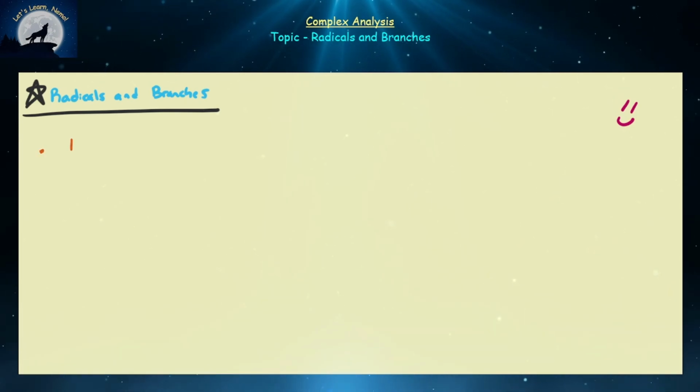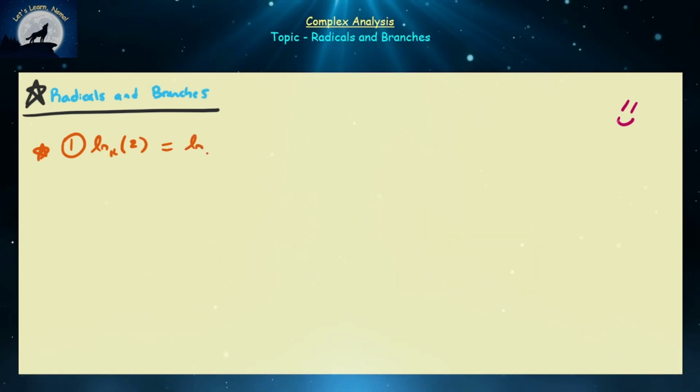The very first property that you definitely should know would be properties of the natural logarithm inside of the complex plane. Remember, we realized that the complex exponential function e to the z was a periodic function, and that's going to force its inverse, the natural log function, to be multivalued.